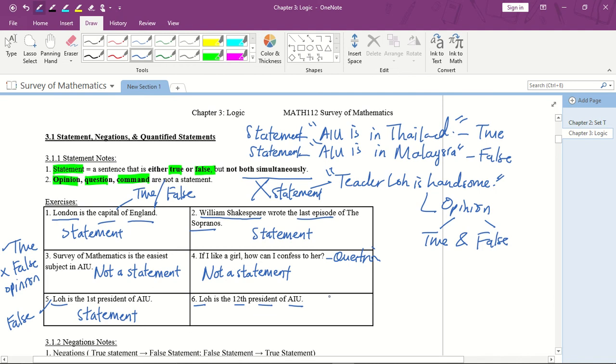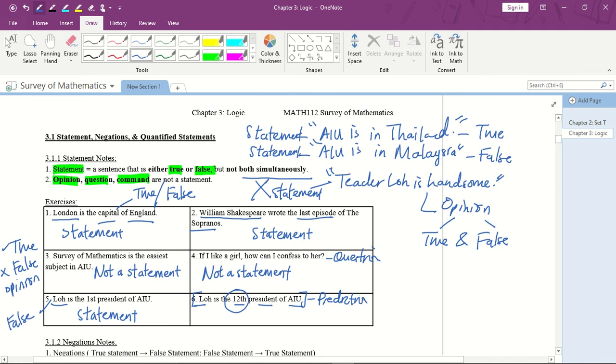So now, the current president, I think he is about the tenth, right? So it means that we don't have any 12th president yet. This actually is a future situation, which means that this sentence is a prediction.